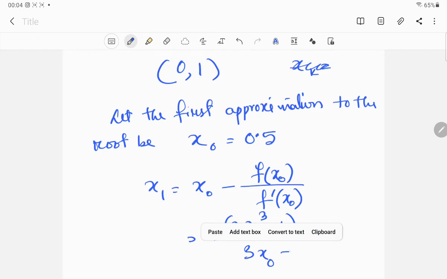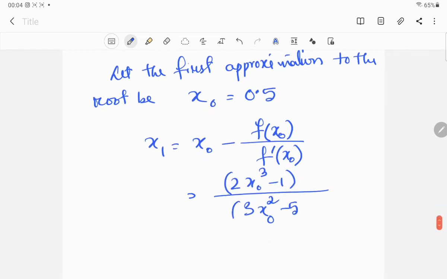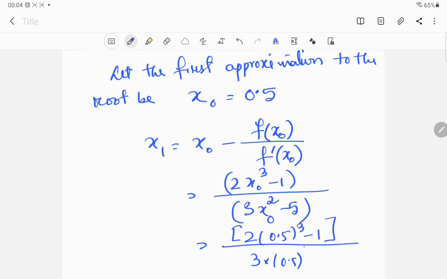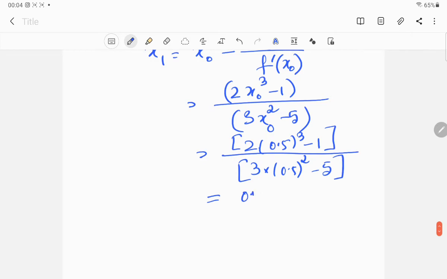So 2 into 0.5 cube minus 1, divided by 3 into 0.5 square minus 5. If you solve this, you will get 0.176471. Whenever you solve it, you keep a particular number of decimal places. Here I am keeping 6. If somebody wants to keep 4, throughout the process you keep 4 only. Don't change the decimal positions. So this is our x1.